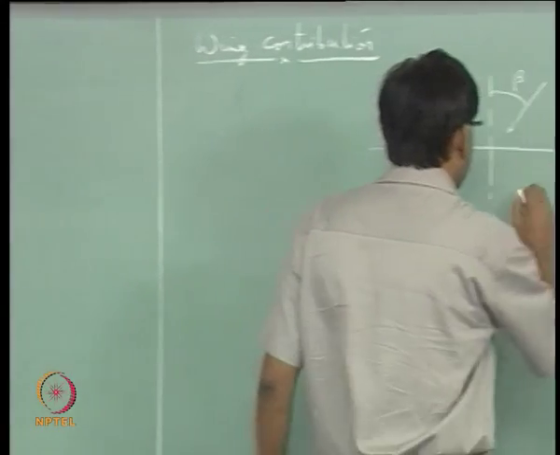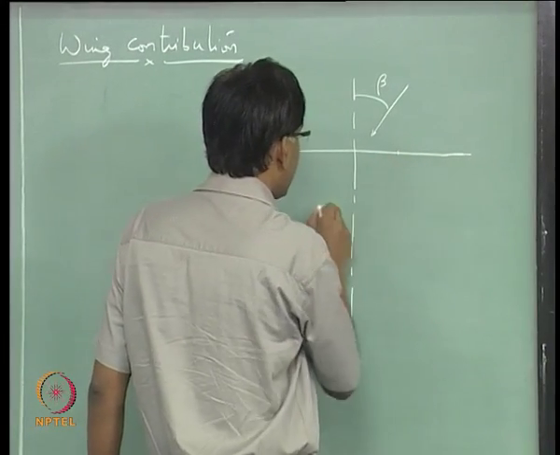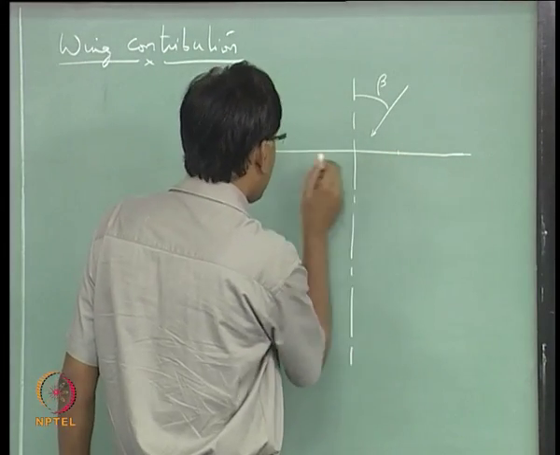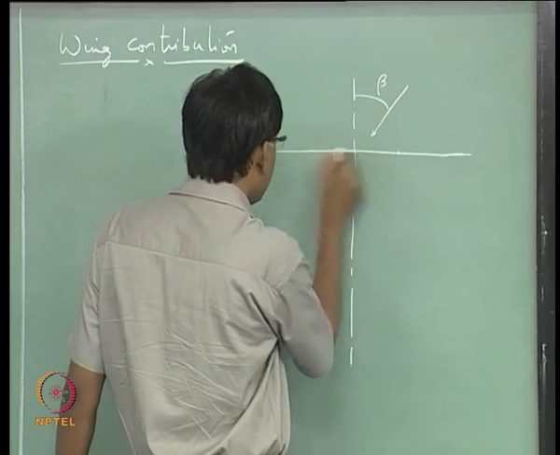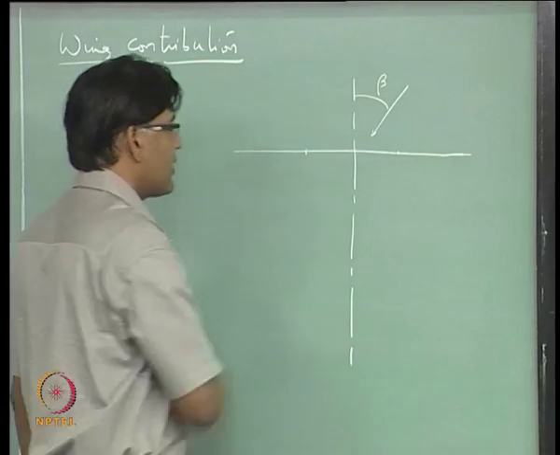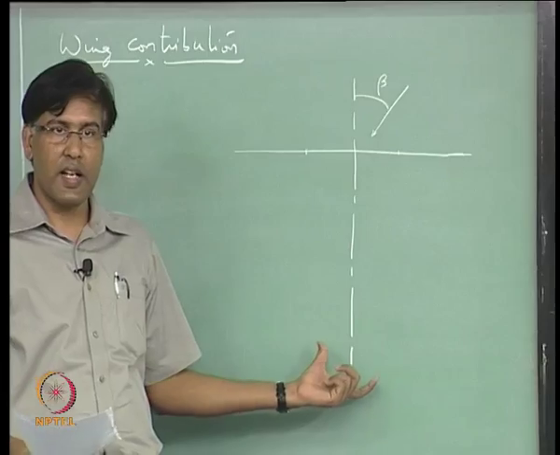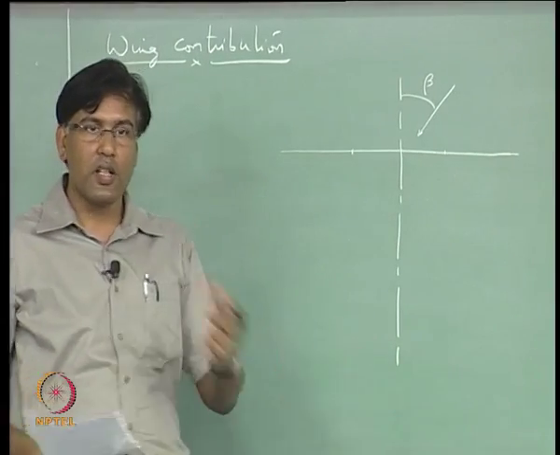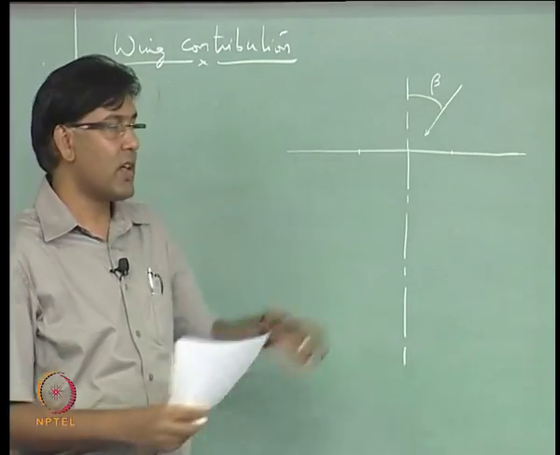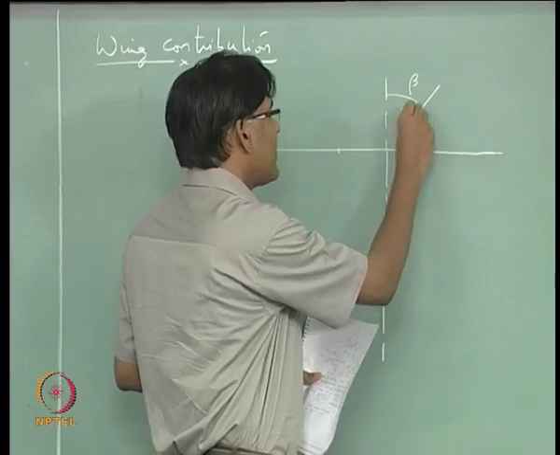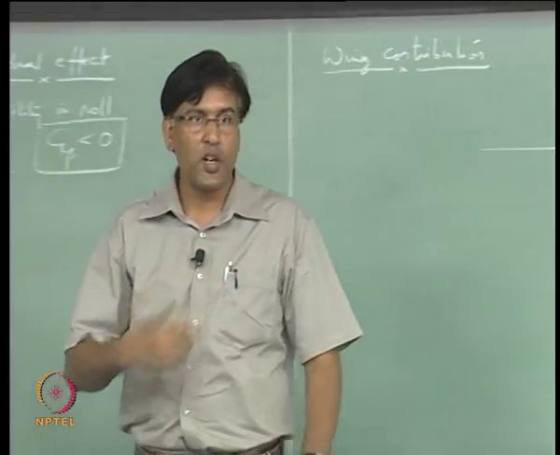So, let us look at a section of the wing on both the sides at equal distance from the center line. Only the normal component of this velocity is going to be used for computing the lift.